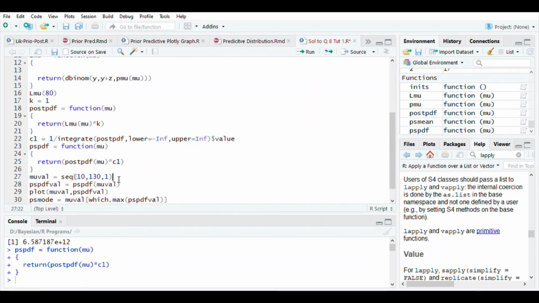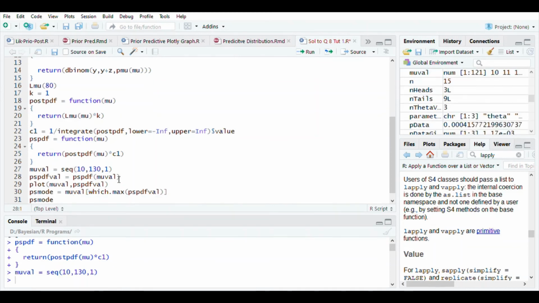Now you might be curious regarding the look of this posterior distribution. So how can we determine how it is going to look? Let us take some values of mu and compute the posterior PDF at those values. Now how did I decide 10 to 130?